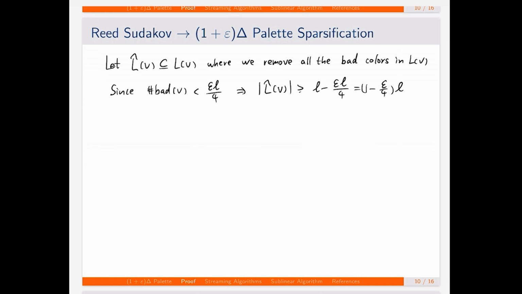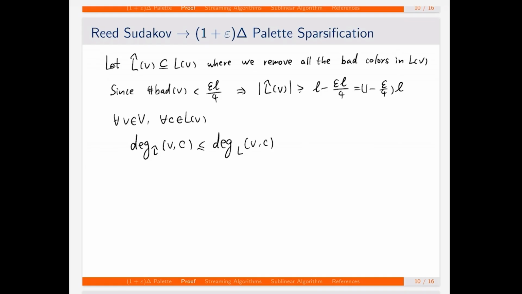Okay, so on the other hand, for every vertex V and every color C in the list of V, the C degree in this L hat set is less or equal to the C degree in the original L list. This is because the subset L hat has a smaller number of colors, and thus the number of vertices that are neighbors to V decreases.